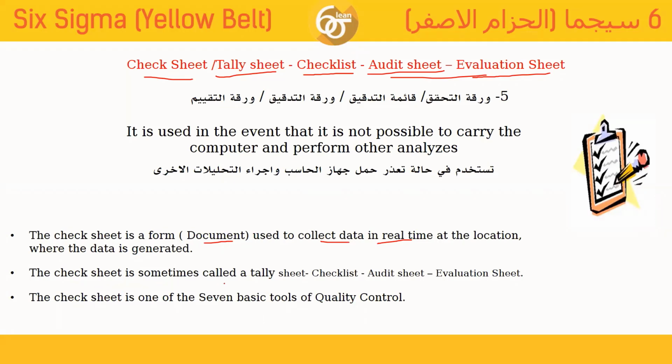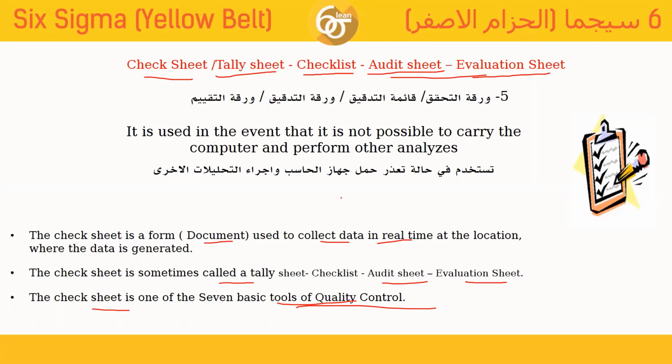The check sheet is sometimes called a tally sheet, evaluation sheet, or audit sheet. The check sheet is also one of the 7 basic tools of quality. This is all we have about the check sheet.